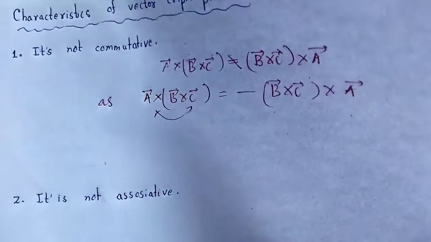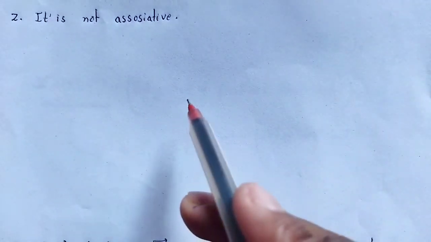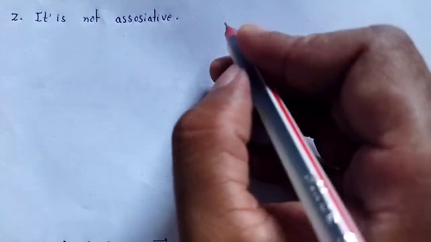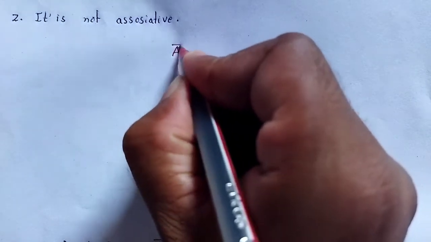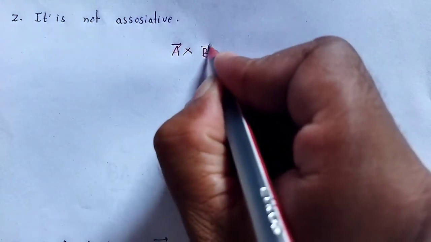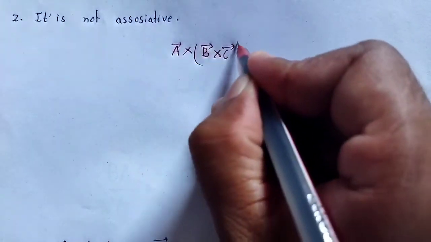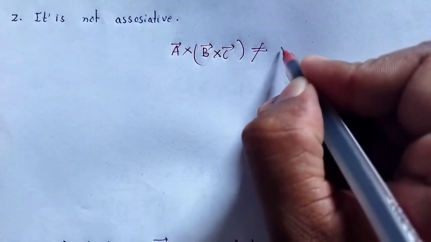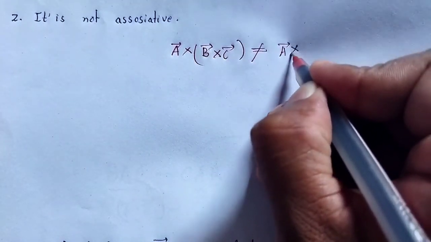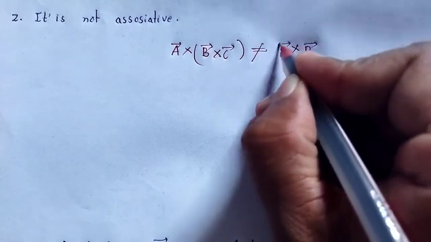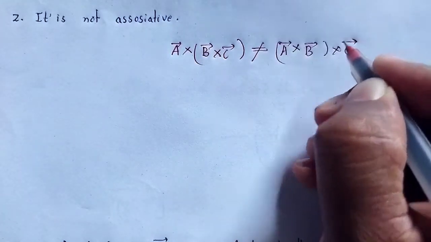Another property, it is not associative. That is A cross B cross C is not equal to A cross B cross C with the grouping changed.